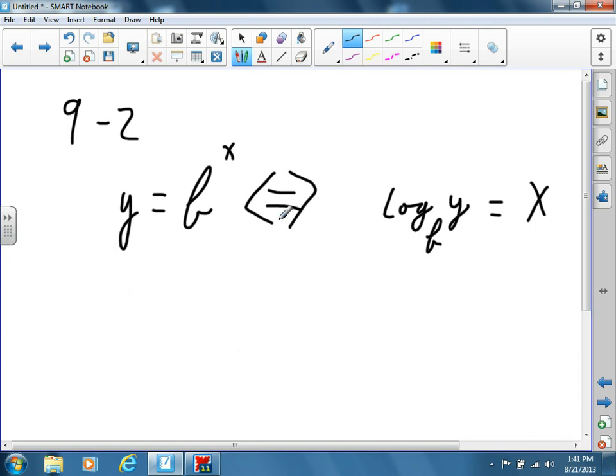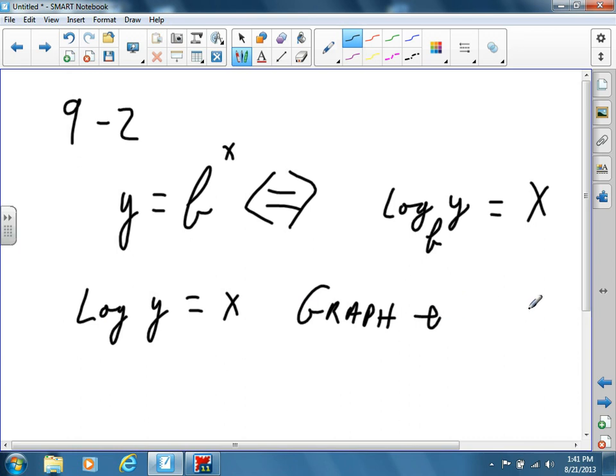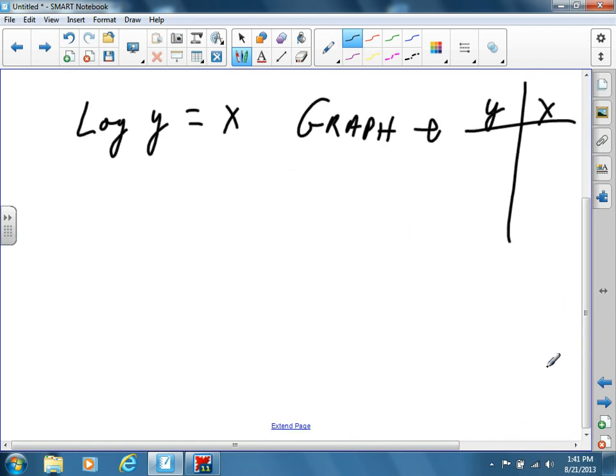The other thing we're going to do is, if I have log of y is equal to x, I'll be able to graph that. I'm going to find y's, find x's, and do whatever, right?